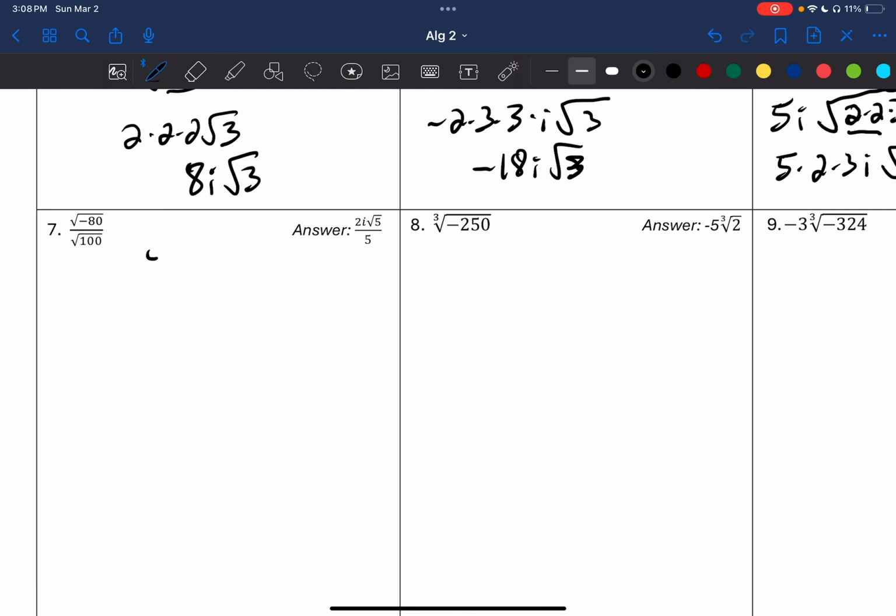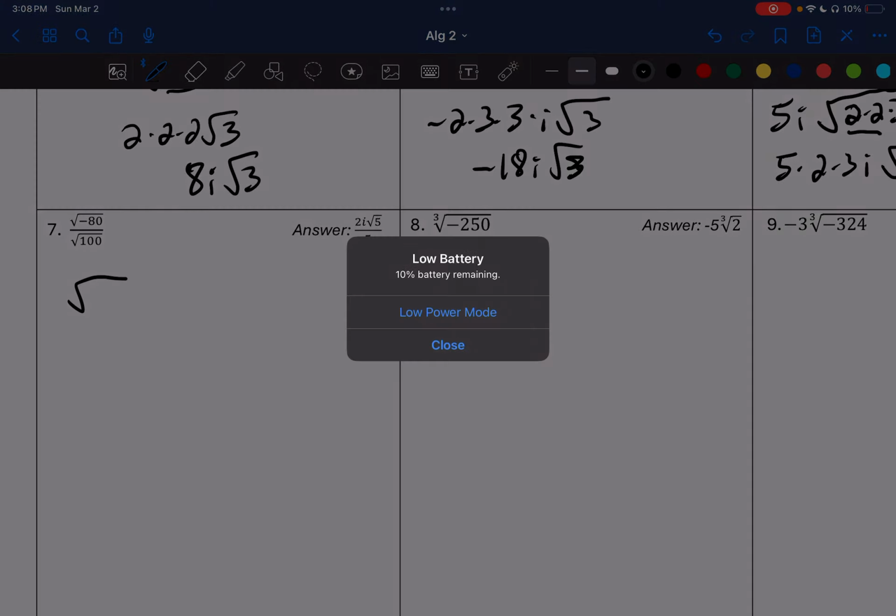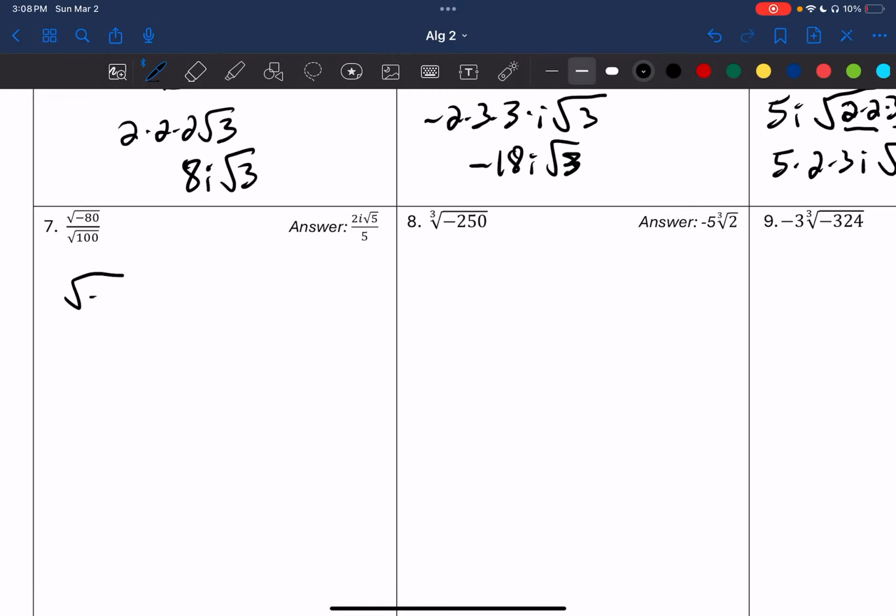So on the numerator, we would have the square root of -80 over square root of 100. The square root of -80, that's going to become 4i√5, right? And that's coming from breaking down the 80 in the -80 into -1 and +80, and then simplifying the radical, simplifying the +80.